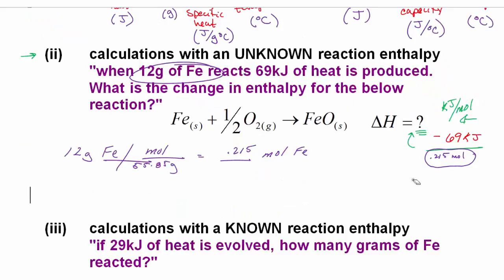So negative 69 divided by 0.215, I get negative 321 kilojoules per mole. That's my delta H for that reaction.